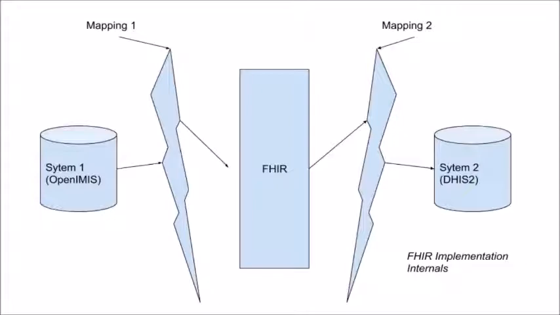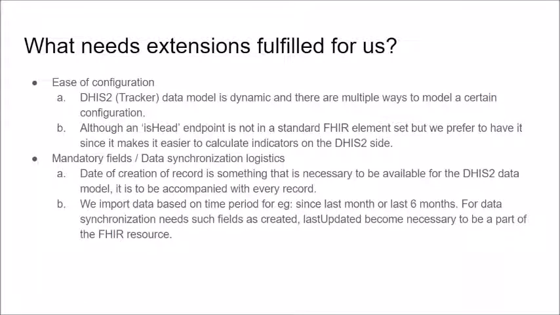I mean, the coding is all fine, but the actual decision of what to map is a bit complex. The needs that the extension fulfilled for us: since we are taking this name-based data, individual records, we have to do all the analytics within DHIS2.